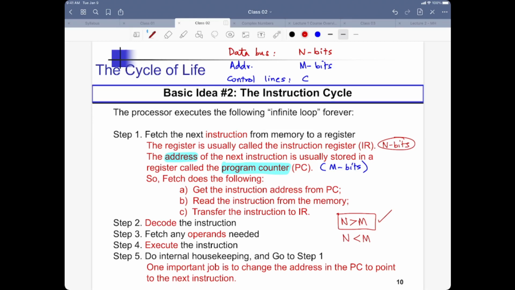The next question that we are going to ask is, suppose our instruction register is n bits and our program counter is m bits. How many operations can your computer perform? Number of operations that your computer can perform.